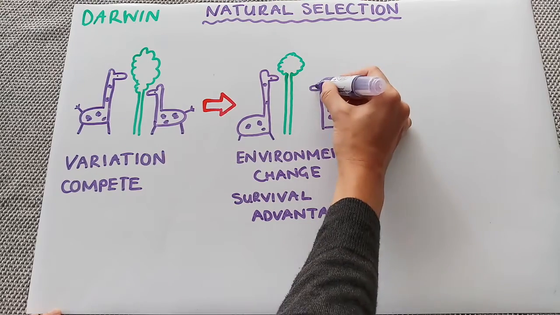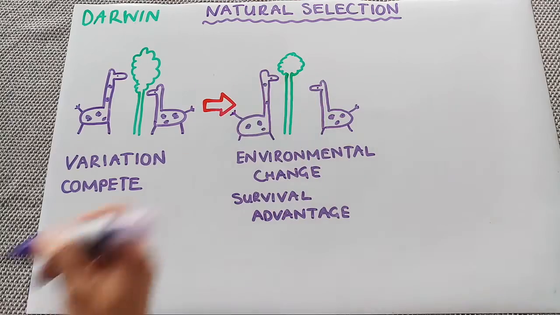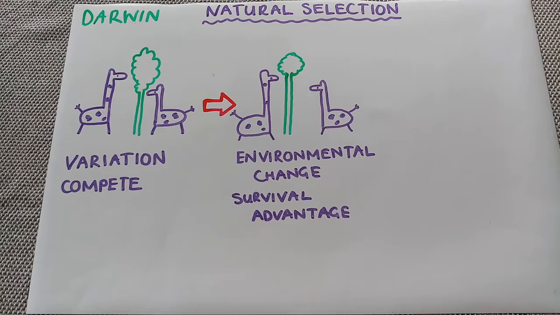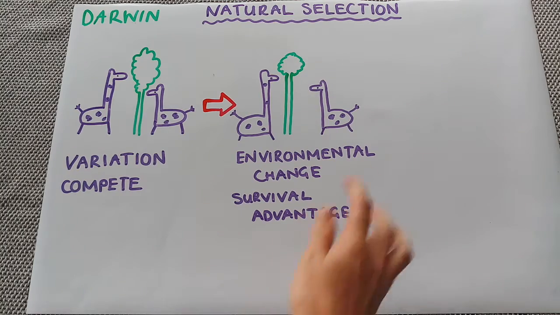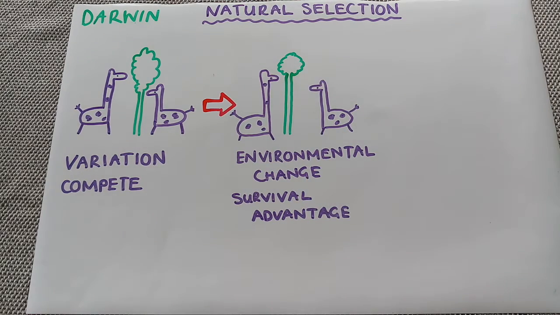Now obviously with this environmental change, what's happened is the food has now become out of reach for this giraffe with the shorter neck. That means that he or she is not going to be able to eat food, and therefore is not going to be able to survive, whereas the giraffe with the long neck has got the survival advantage because it is still able to access the food, so will therefore be able to feed itself and therefore will be able to survive.